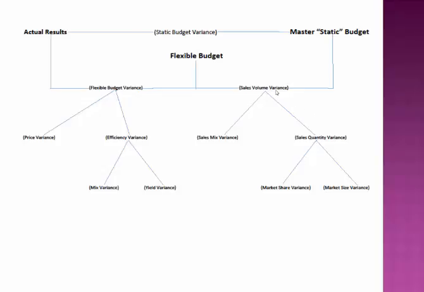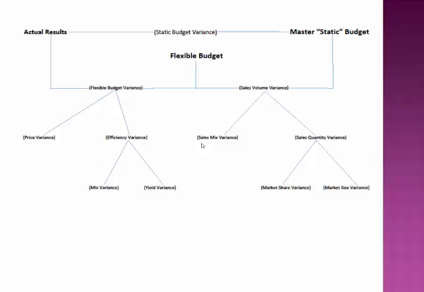Now, we can get a greater understanding of the sales volume variance by breaking it down into the sales mix variance and the sales quantity variance. Alright, so the sales mix variance is the difference between the budgeted contribution margin for the actual sales mix and the budgeted contribution margin for the budgeted sales mix.